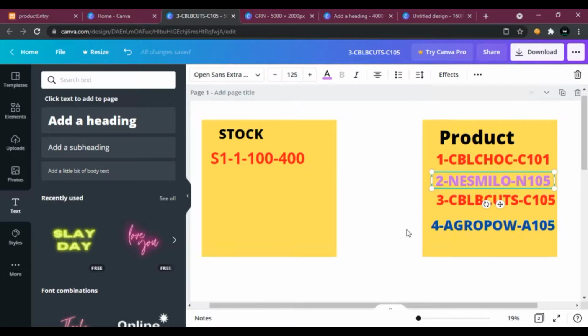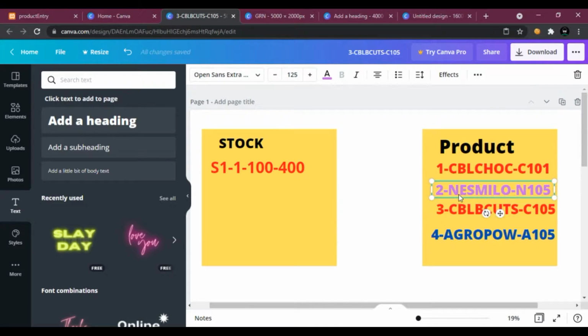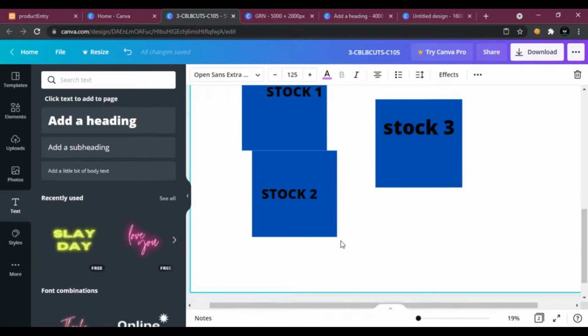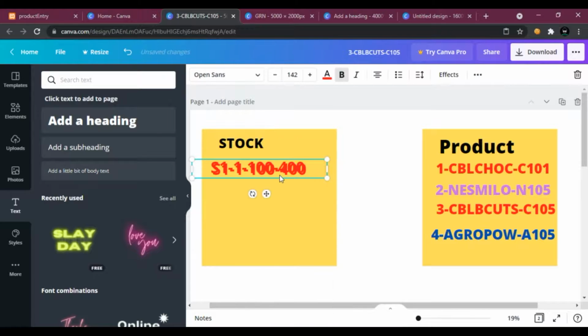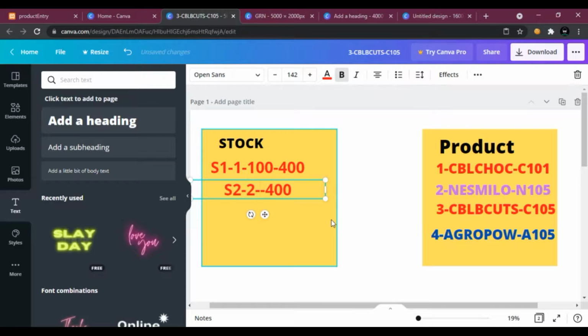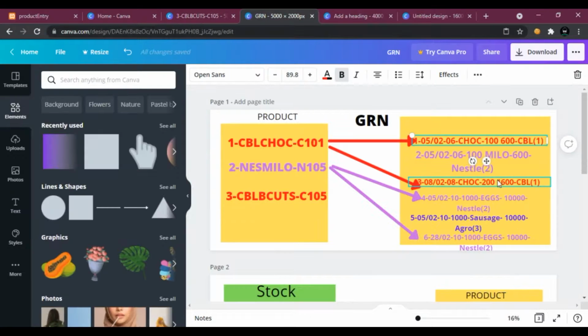And the next, Milo. Now I'm gonna store the next Milo in stock 2. So how am I gonna enter the data of stock 2, next Milo? The product ID is 2, the stock ID is 2, S2, and the quantity.